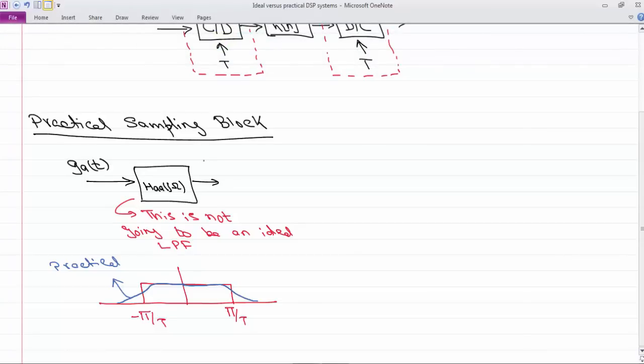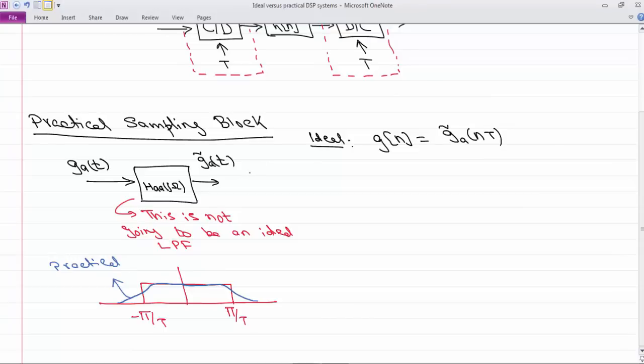Now, let's go after that. When you go to g_a tilde of t, the question is, how is this continuous to discrete block implemented in practice? We have said that you sample it, and your samples, for example, we say g[n]. The ideal case is that g[n] is simply equal to g_a tilde of nT.